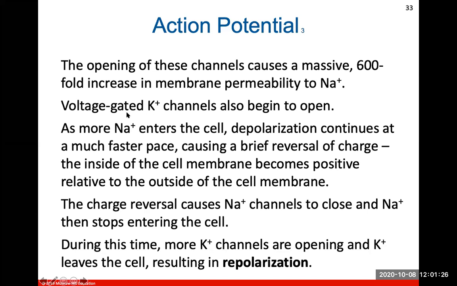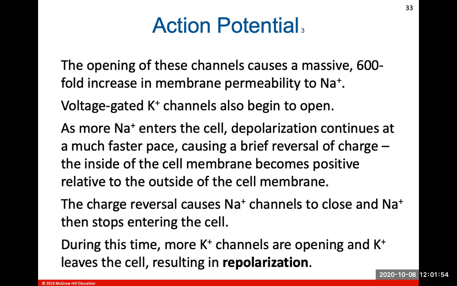As depolarization continues at a much faster pace, causing a brief reversal of charge, the inside of the cell membrane becomes more positive relative to the outside. And this charge reversal will cause your sodium channels to close, and sodium will then stop entering the cell. So the action potential peak, we say, will occur when all sodium channels close.